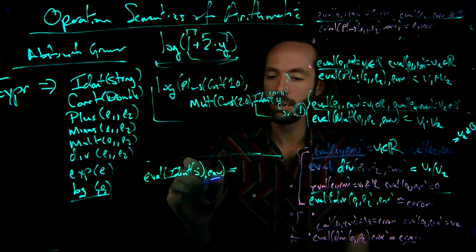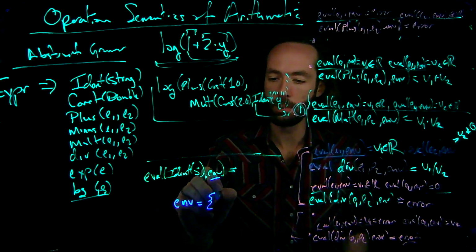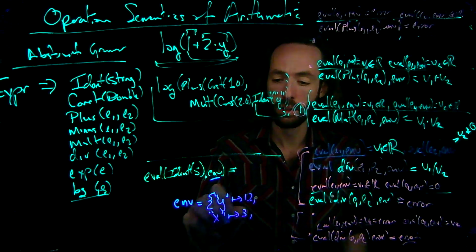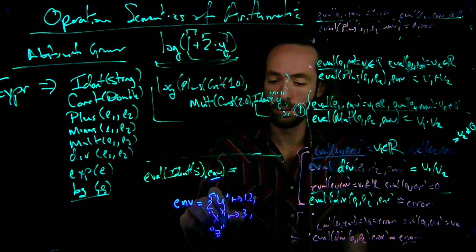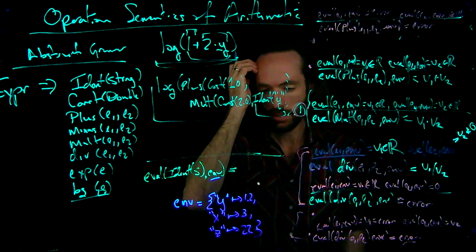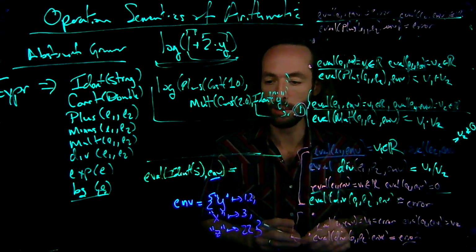And what should this turn out to be? Well, as I mentioned, what is the environment? The environment is this set of mappings, which say y points to 1.2, x corresponds to 3, z corresponds with 22. It's just a bunch of ordered key value pairs that we can easily look up.